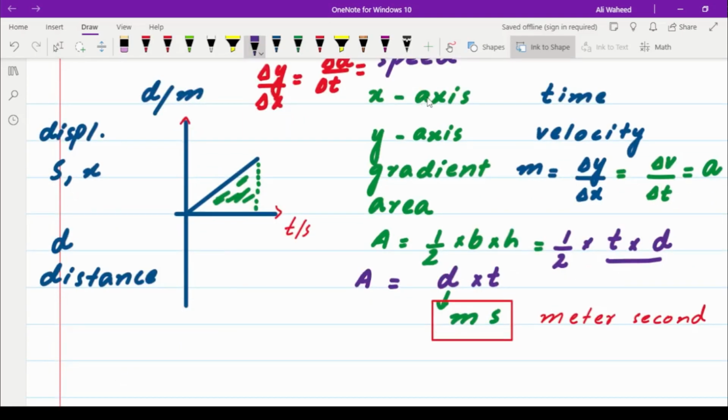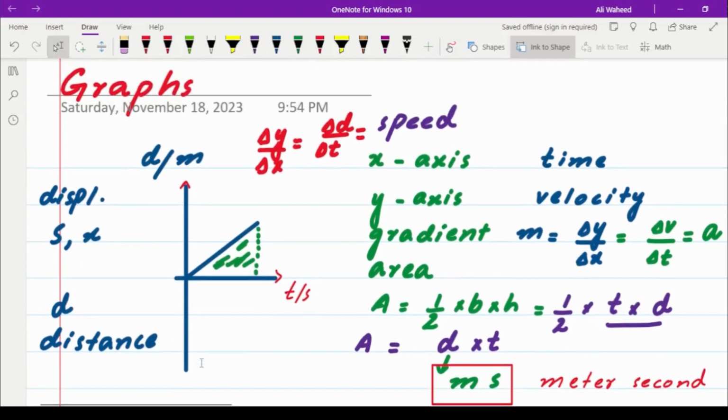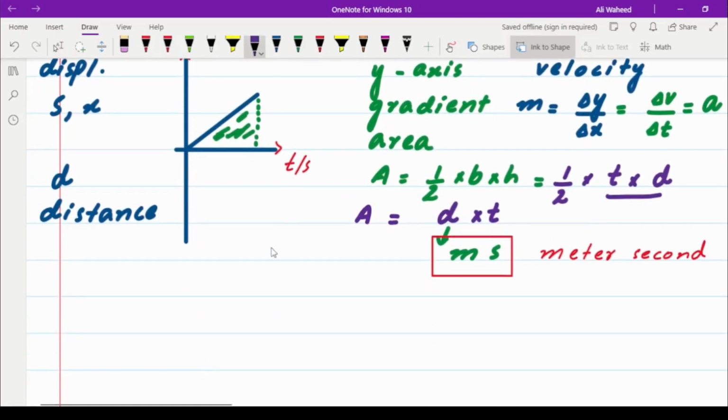As a matter of fact, if you find the area of this graph, you'll be getting a number. It might be 10. Let's say the answer to the area was 10. But then what do you write with the unit? You'll have to write meters second. Now what is that quantity, which is distance times time, and the unit is meter second? It would be a meaningless quantity.